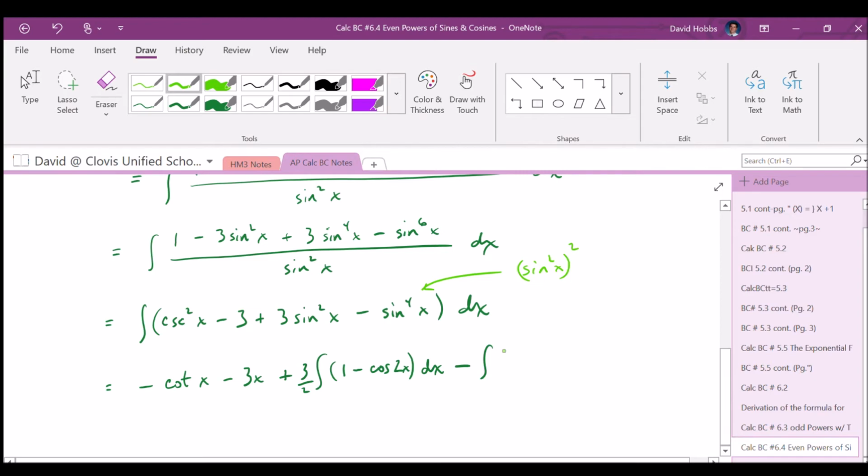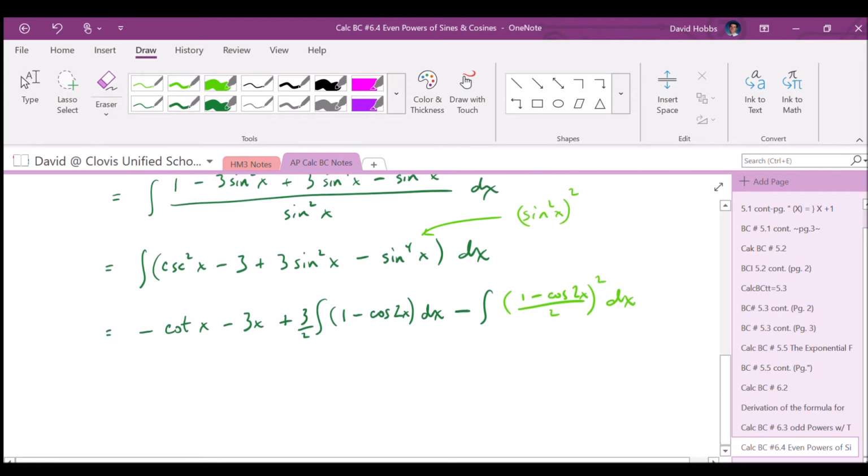And so I have 1 minus cosine of twice the angle all over 2 quantity squared dx.